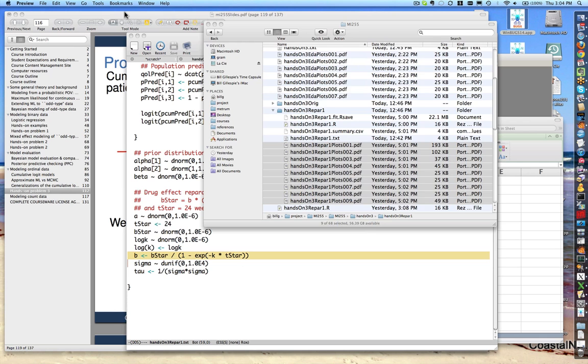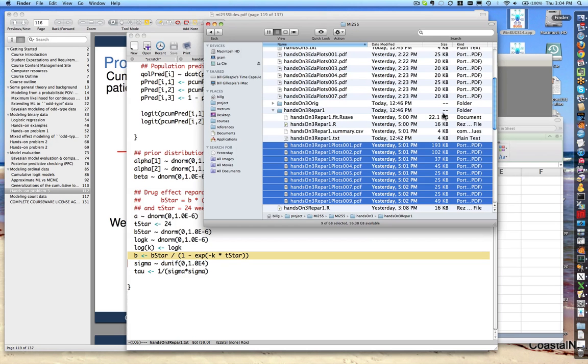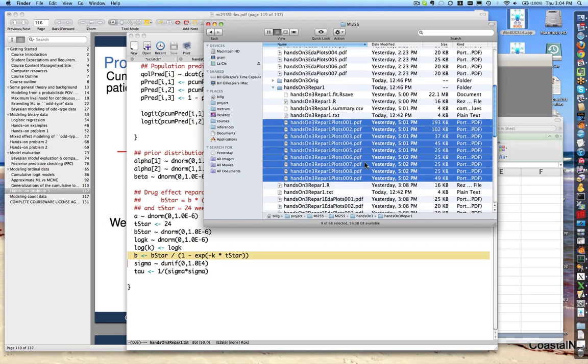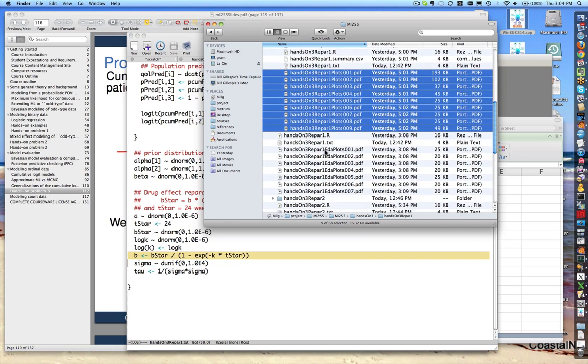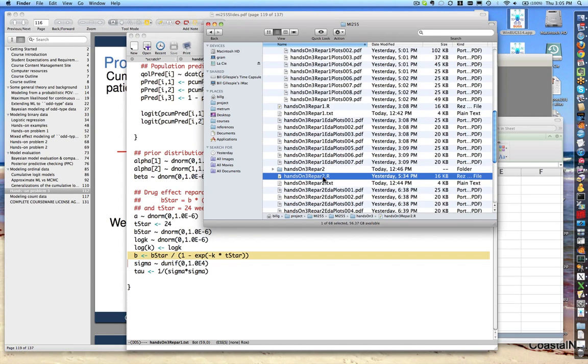So I tried another one, but using the same general idea that I want to have at least one of the parameters be more closely related to what we observe within the study itself. So let's go and grab another reparameterization that's actually not all that different. I call it repar 2 here.